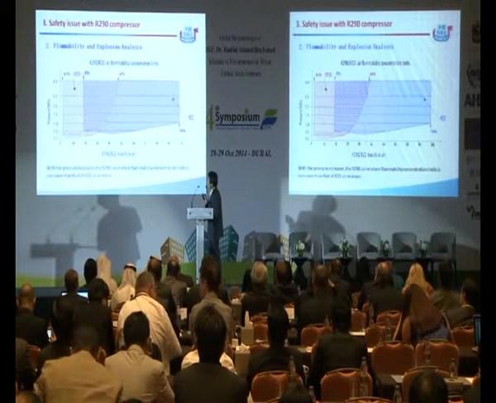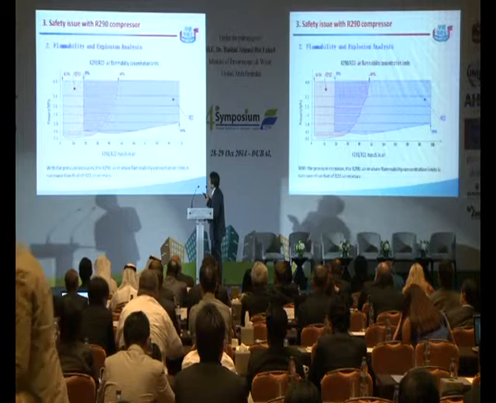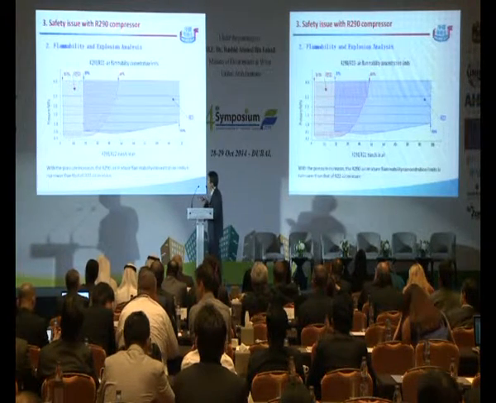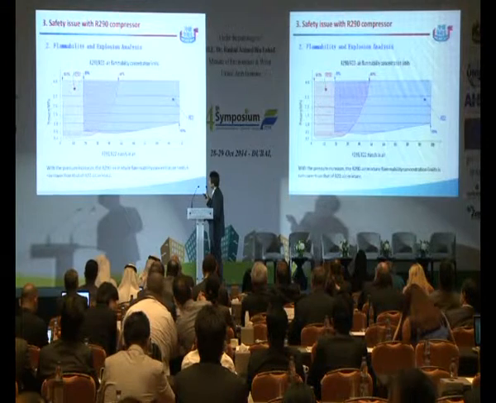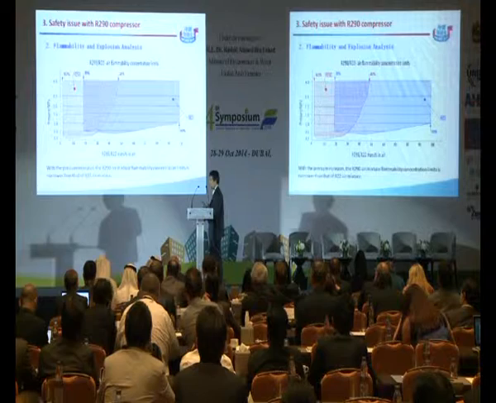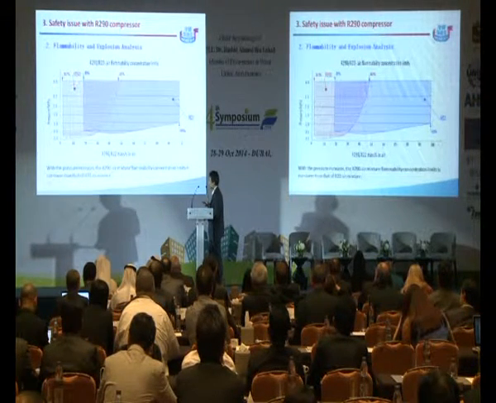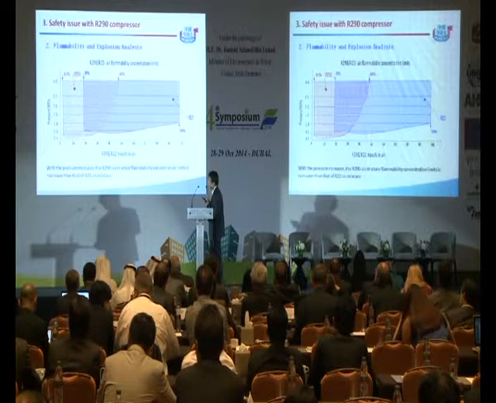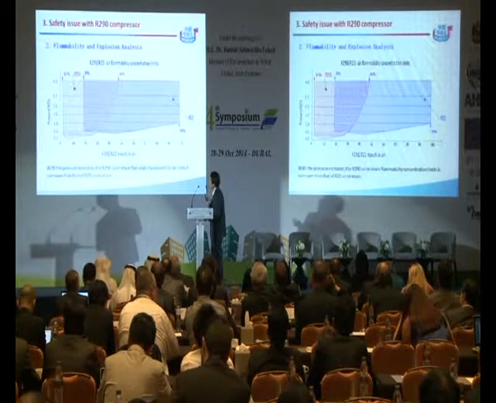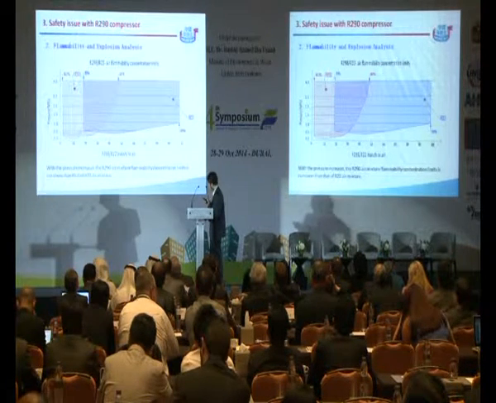We can see that with the pressure increase, R22 becomes flammable, and the flammable range will increase rapidly. With the pressure increase, the R290 air mixture flammability limits may be narrower than that of the R22 air mixture.